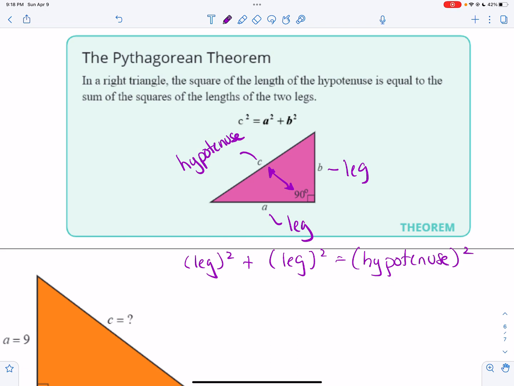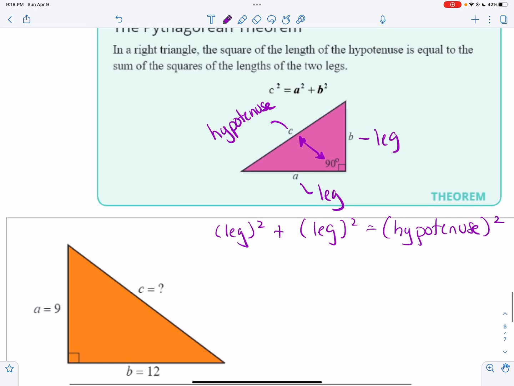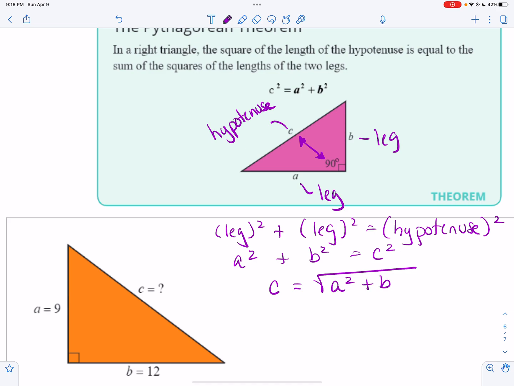We can move things around using these formulas. So if I take a squared plus b squared equals c squared, and I'm looking for c, then c is going to equal the square root of a squared plus b squared. Now, because we're dealing with applications, we don't have to put the plus and minus. We only have positive distances.